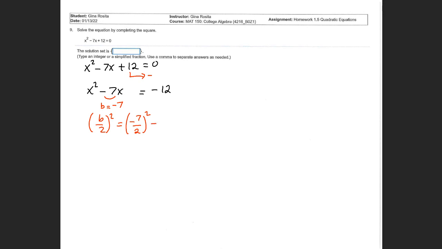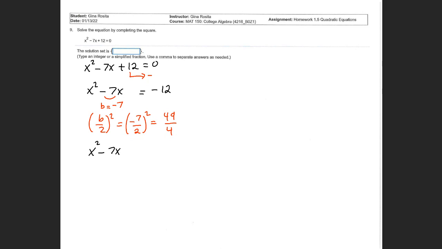So we can write down negative 7 times negative 7 is 49, over 2 squared is 4. Now we can find this one. Now x squared minus 7x. If you add here on the left side, you have to add on the right side.